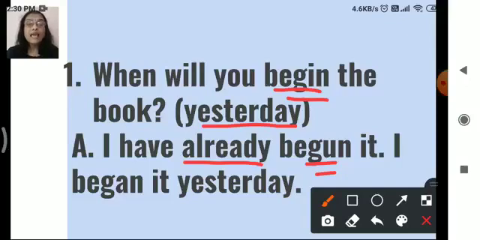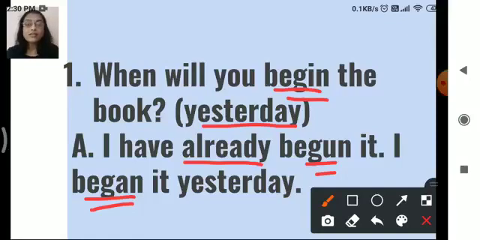I began it yesterday. So the word began is actually the past tense. Begin, began. But when we have to use the past participle, you will get begun. So, I have already begun it. I began it yesterday. So what will you do?